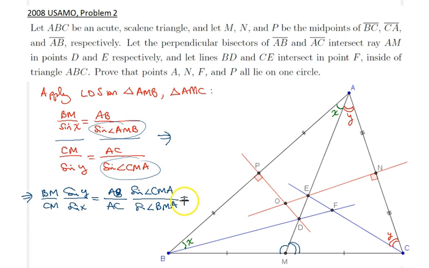And that whole thing is simply because angles CMA and BMA, as I said earlier, are supplementary angles, so therefore I would get AB over AC. But because BM is equal to MC, this is just a single one, so therefore we got that sine y over sine x is simply equal to AB over AC.